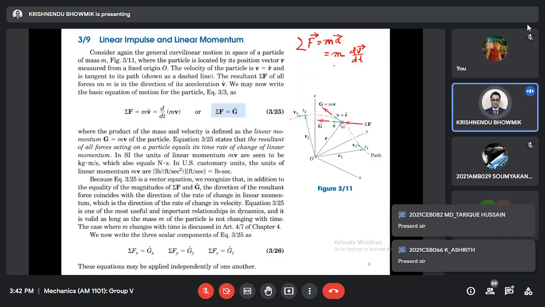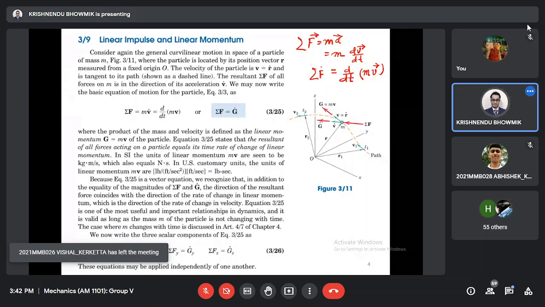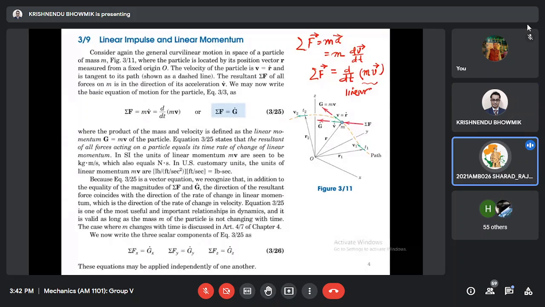When m is constant, we can write this as d/dt of mv. This is summation F. That means, what is this? This is linear momentum, not angular.